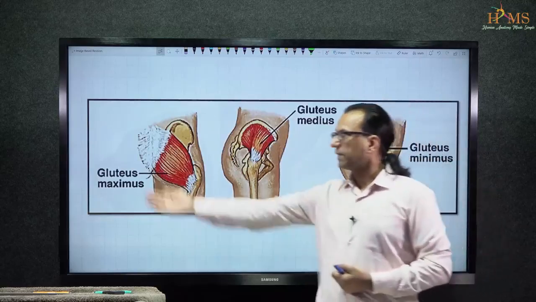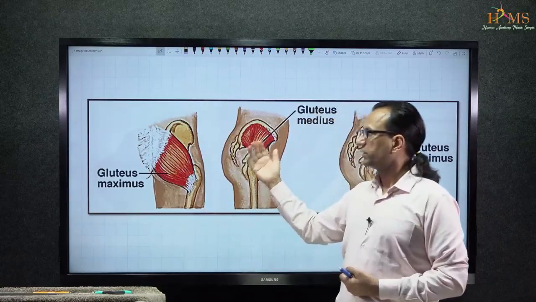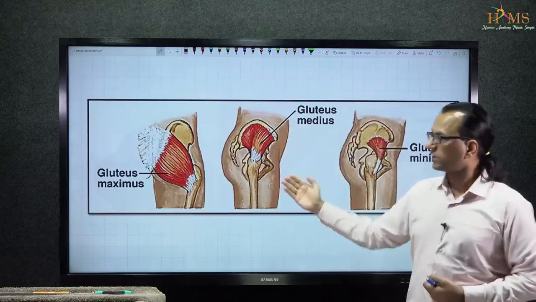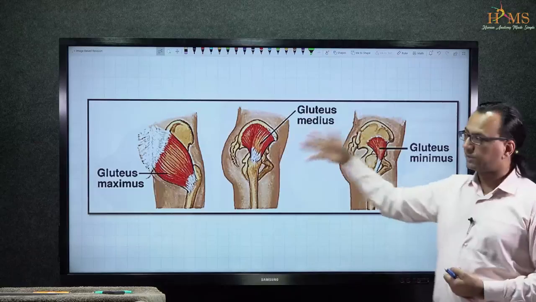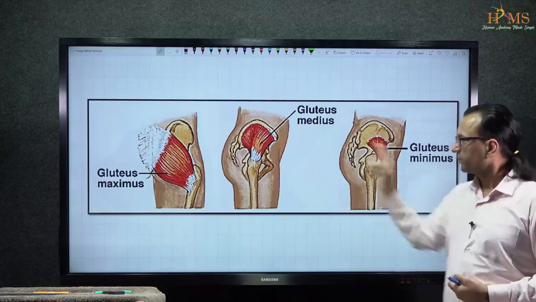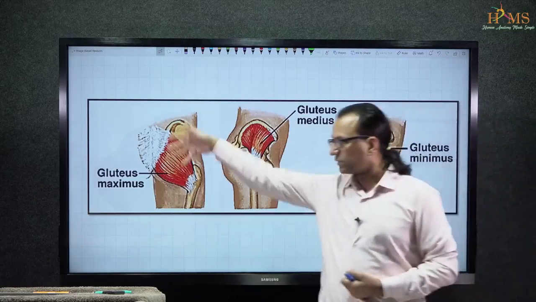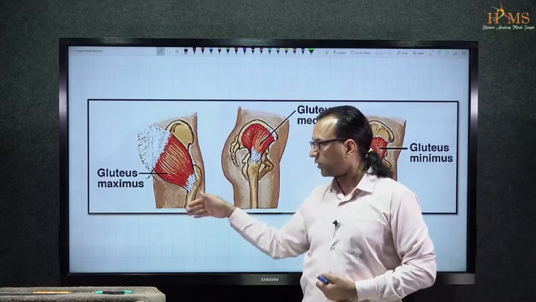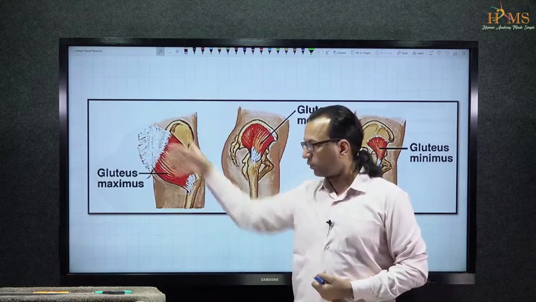Now as I was just saying, there are three gluteal muscles. Gluteus maximus attaches posteriorly on the femur at the gluteal tuberosity. Gluteus medius, which is under cover of that, is attaching to the lateral surface of the greater trochanter, and gluteus minimus, which is under cover of that, is attaching to the anterior surface of the greater trochanter. These two muscles are basically abductors and medial rotators at the hip joint, but gluteus maximus as such is going to pull the femur back, and it is the chief extensor at the hip joint.